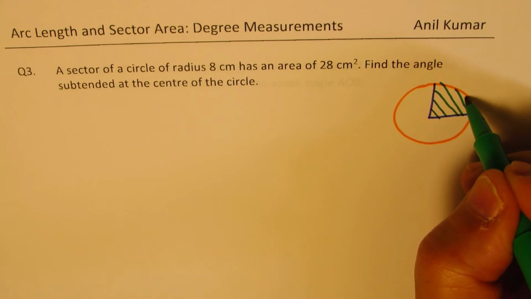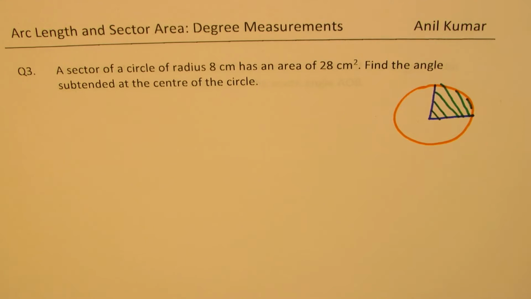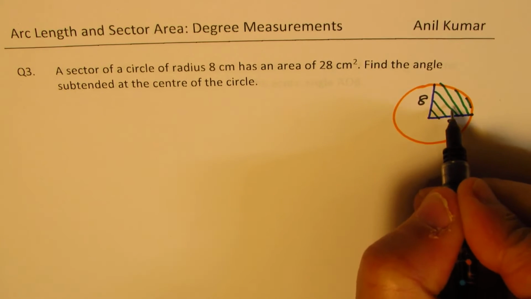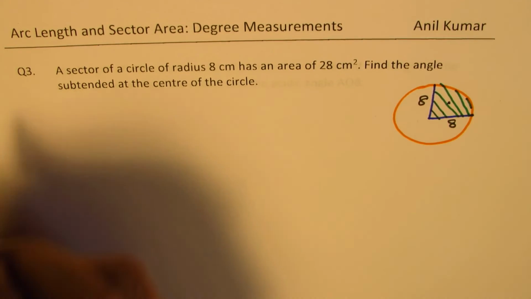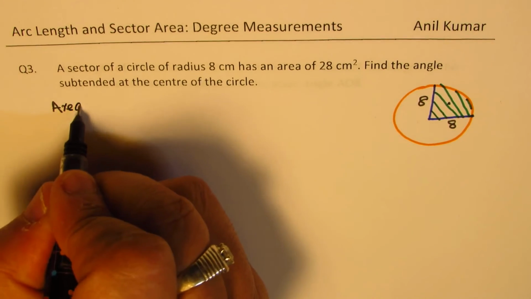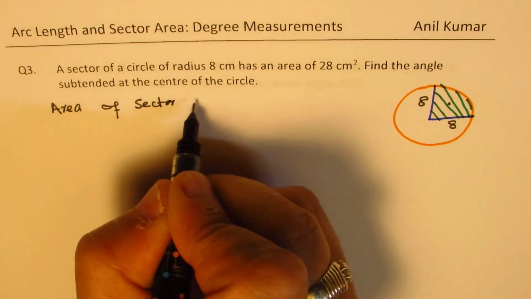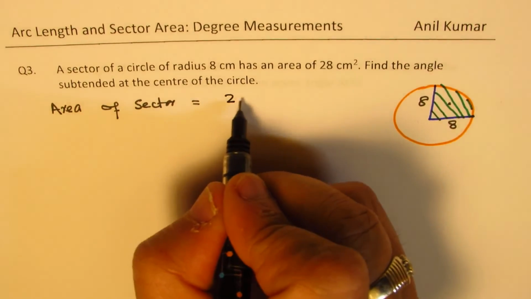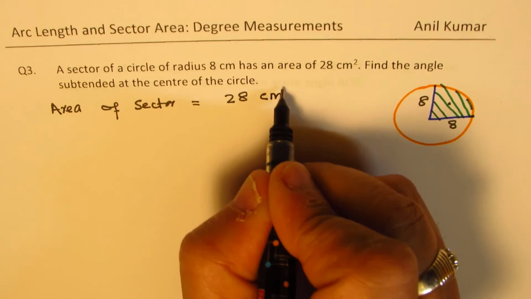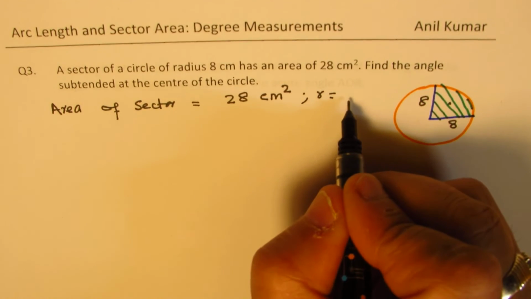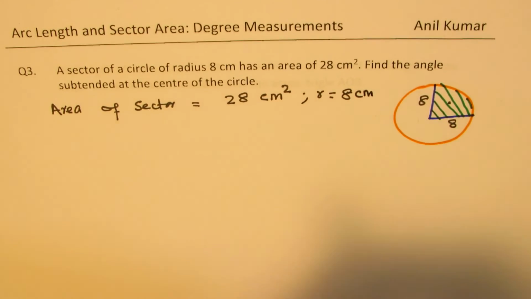Earlier we were trying to find the area itself, correct? The radius is 8 and the area of the sector is given to us as 28 centimeters square and the radius is 8 centimeters.